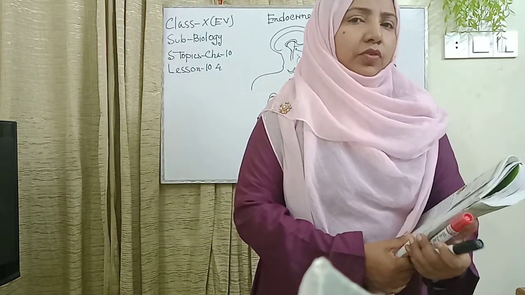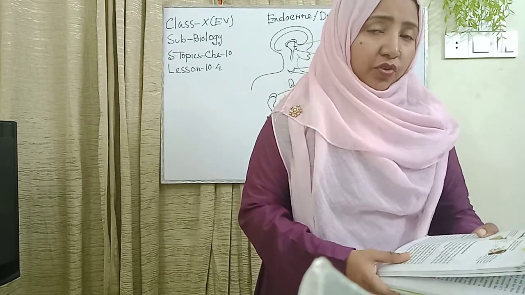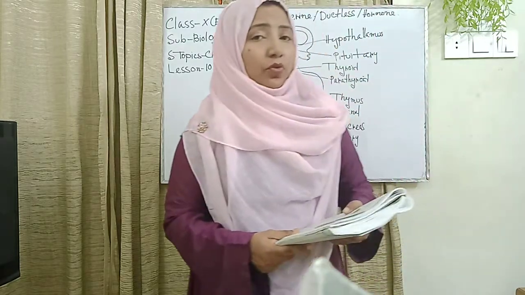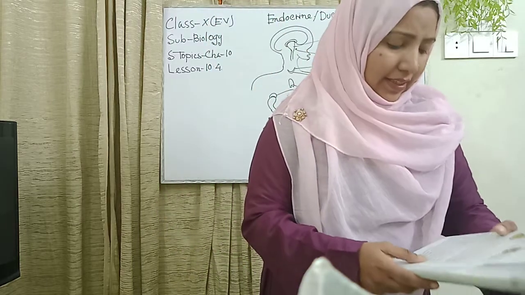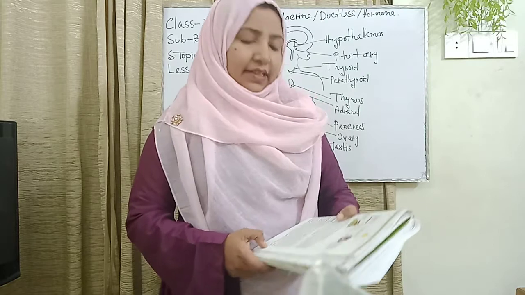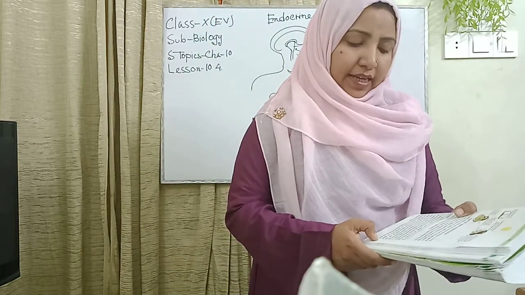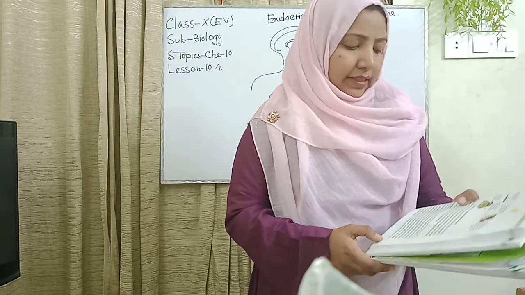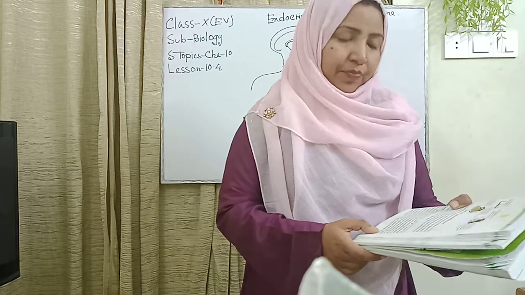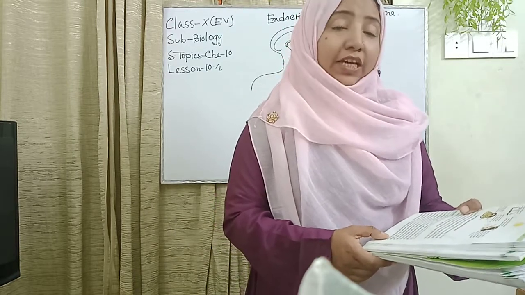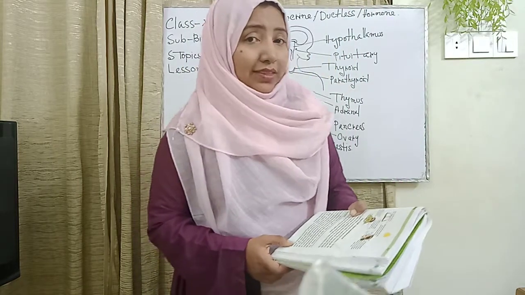What is the hormone? This topic is 10.4, and please everyone open the book. What is the hormone and what is the endocrine gland? There is a special kind of gland in certain animals and in humans. The chemical substances secreted from these glands are carried by the blood and control various physiological processes.